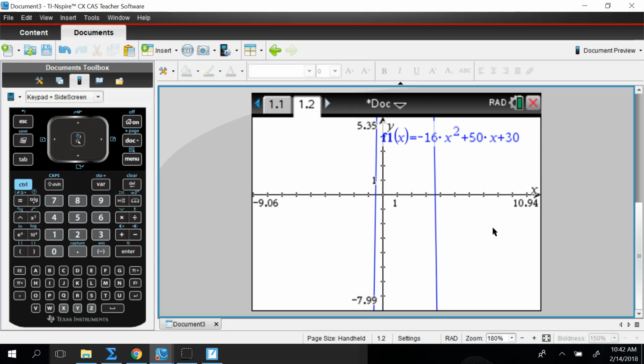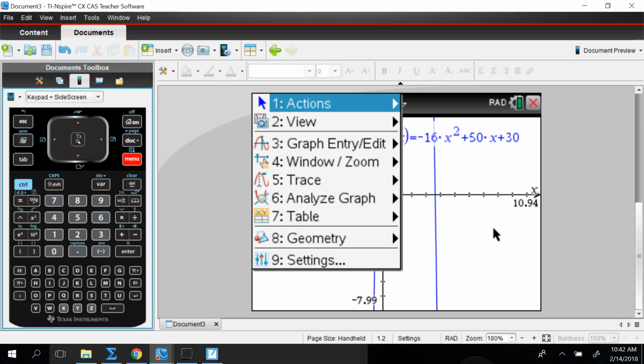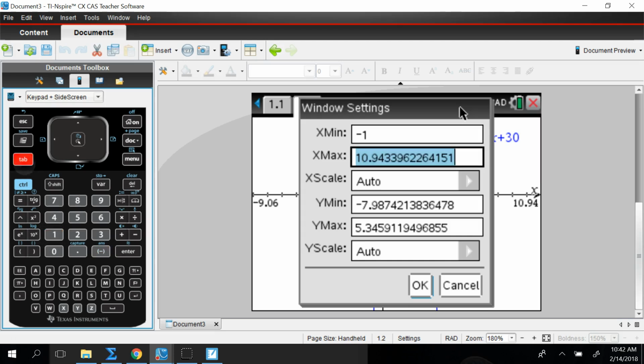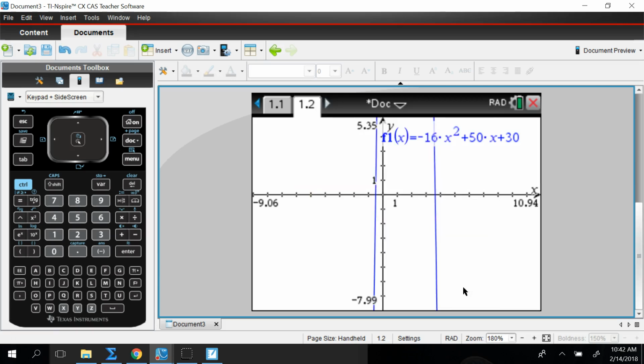So let's go into our menu. We're going to change our window. I want to go negative 1, 2. How far out do I need to go? When's it going to hit the ground? 3.5-ish? Okay.